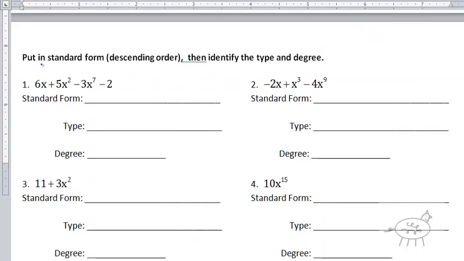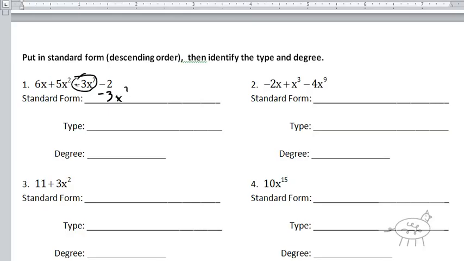All right, so these say put in standard form, descending order, then identify the type and the degree. Standard form just means highest to lowest. It's descending order. That's what standard form is. So that negative belongs to the 3x to the 7th. So we're going to start out with negative 3x to the 7th.